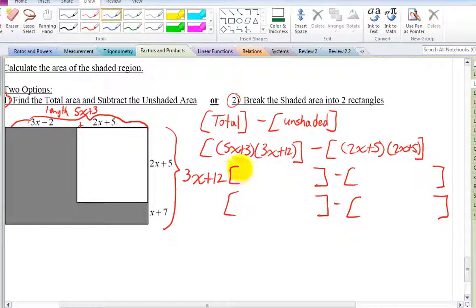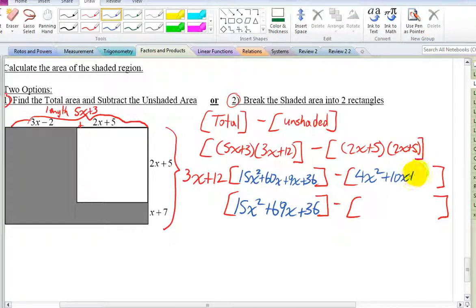Use your arrows. That can help you. Yeah, I think so.